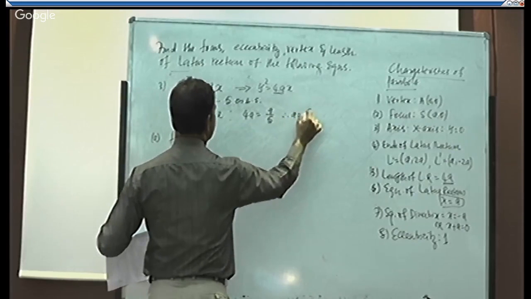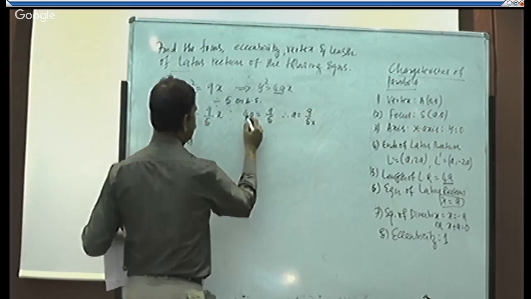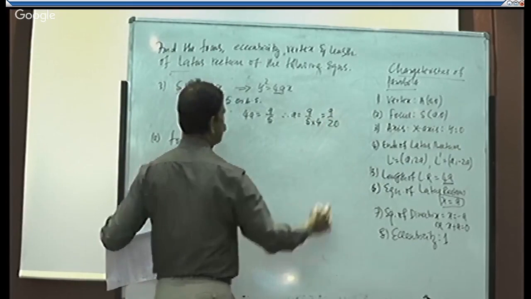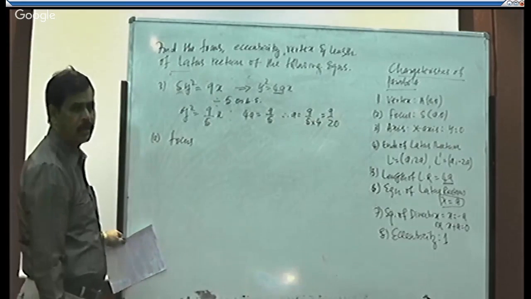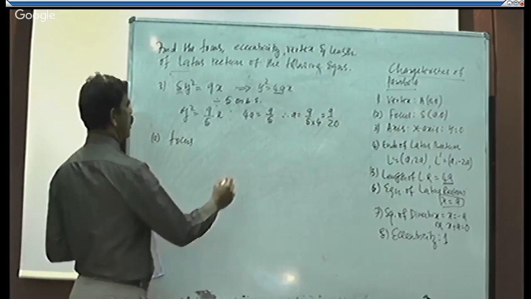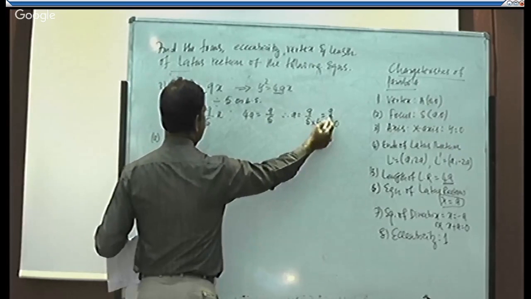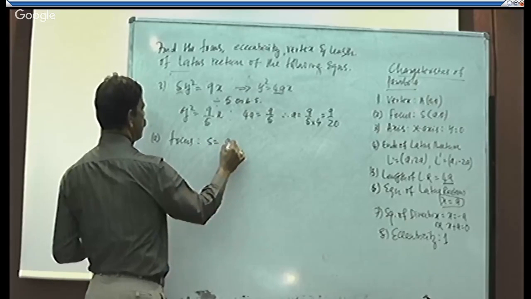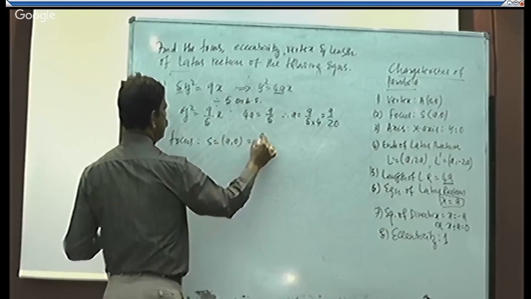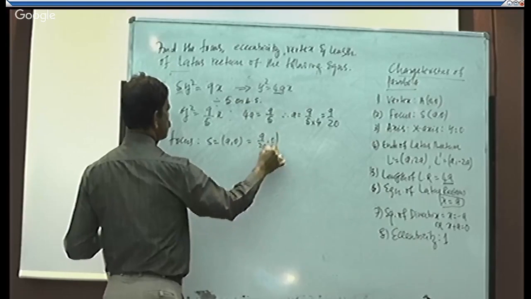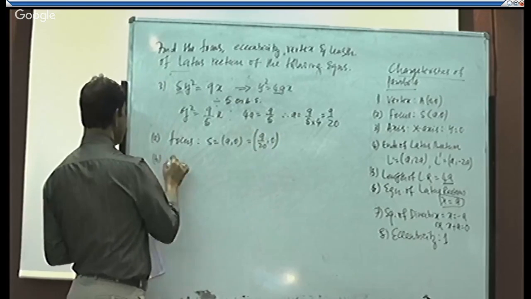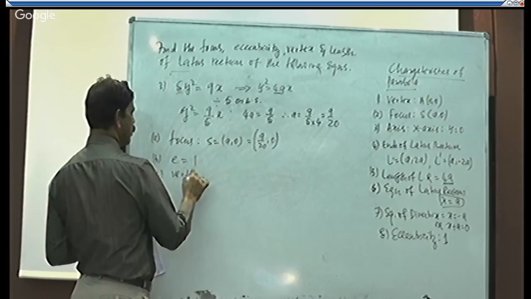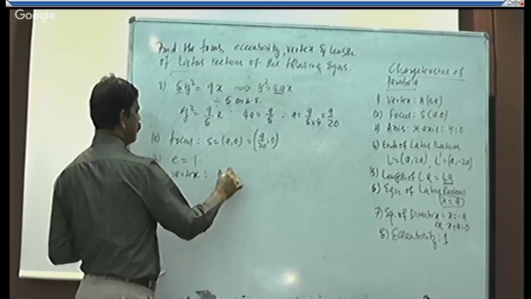Therefore, a is equal to 9 by 5, and this 4 goes to the denominator, so a is equal to 9 divided by 20. Focus S is equal to a comma 0, that is 9 by 20 comma 0. Eccentricity is 1. Vertex is 0 comma 0.